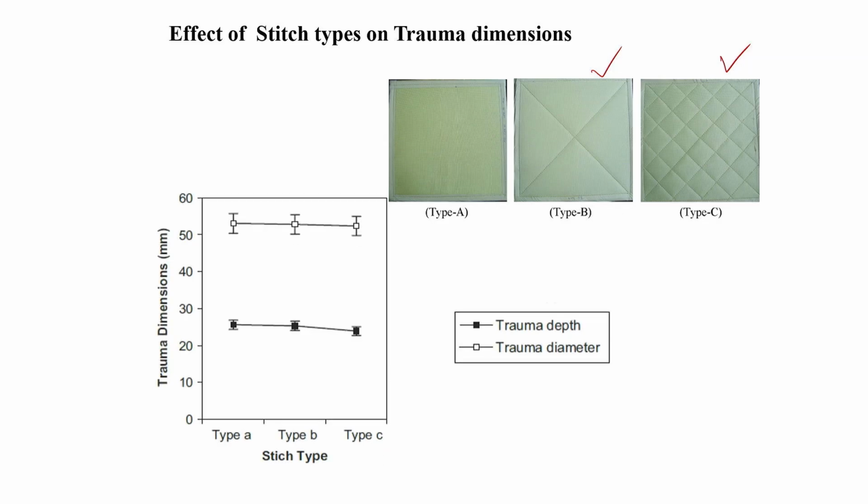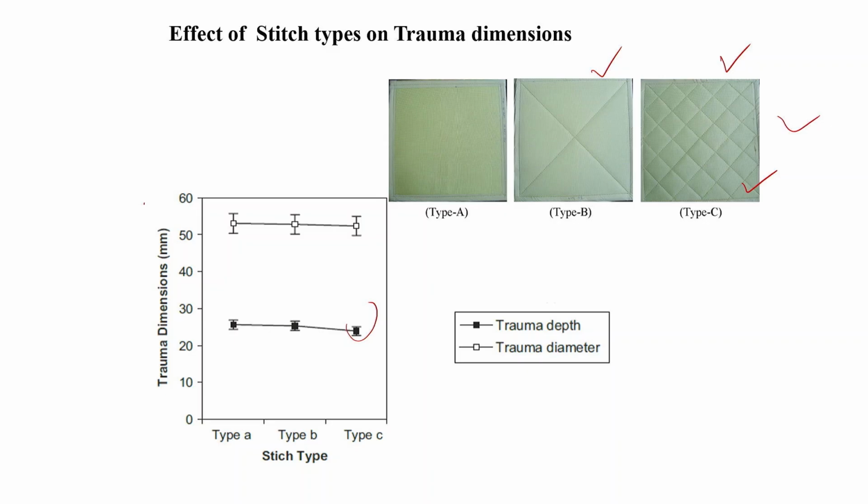What was observed is that there are no such significant changes, although type C shows a little bit lower trauma dimension, that means the back face signature is reduced.